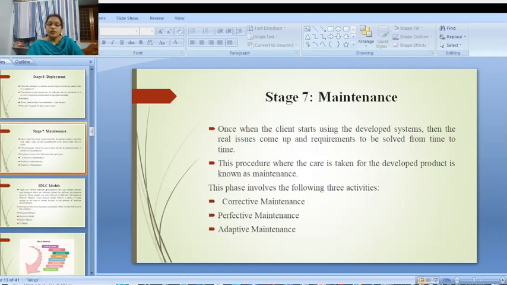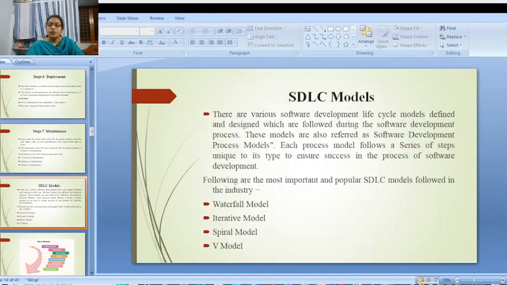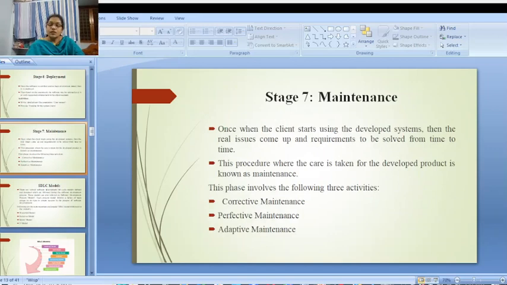Coming to the main aim, it is to monitor and support the new system to ensure it continues to meet the business goals. As I said, the main aim of maintenance is to ensure that the business goals we achieved continue to be met. To maintain those goals, we have maintenance.